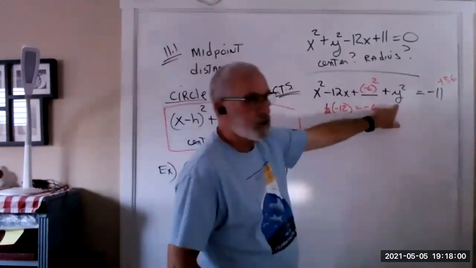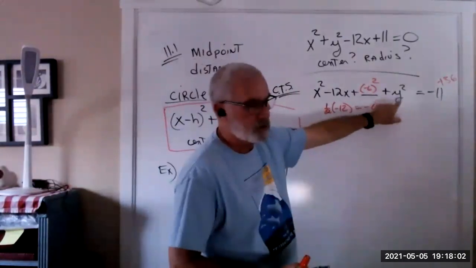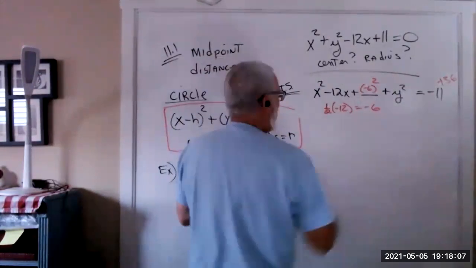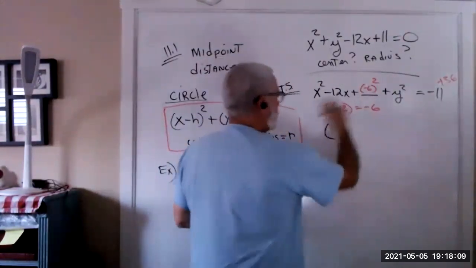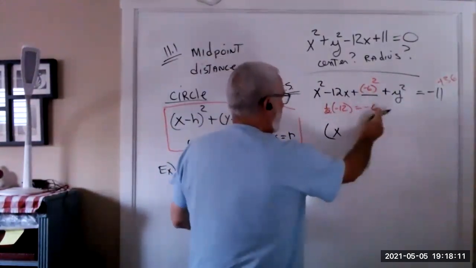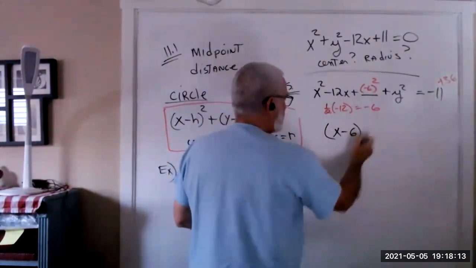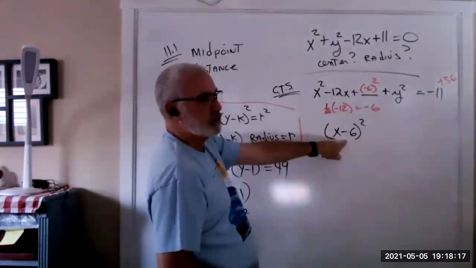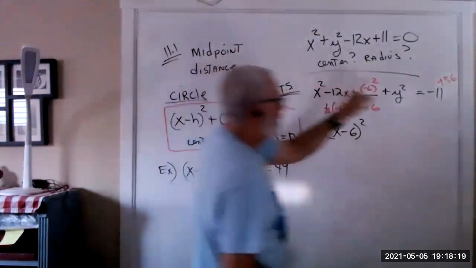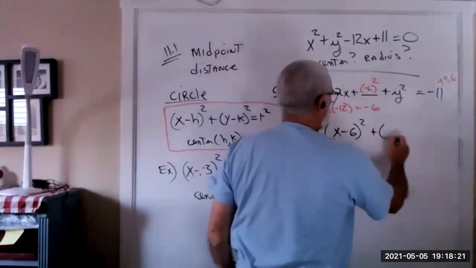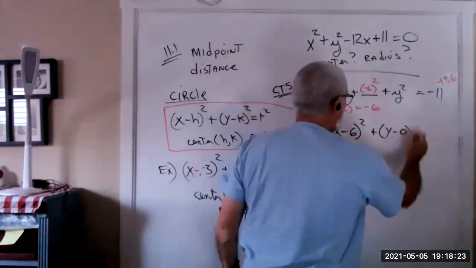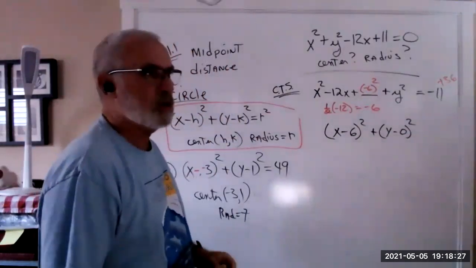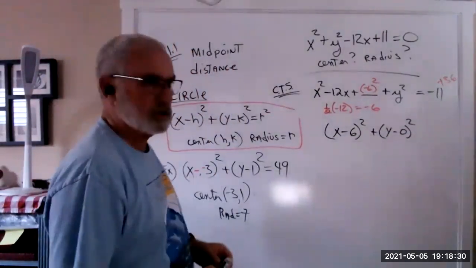Again, I'm ignoring the y squared for a very important reason, which I'll show you in a moment. So this factors automatically, you don't even have to think, it's just going to become x minus 6 squared. Whatever you wrote there is what it will factor as. No thinking. When you write y squared, it already is a quantity squared, so you didn't have to use completing the square on it.